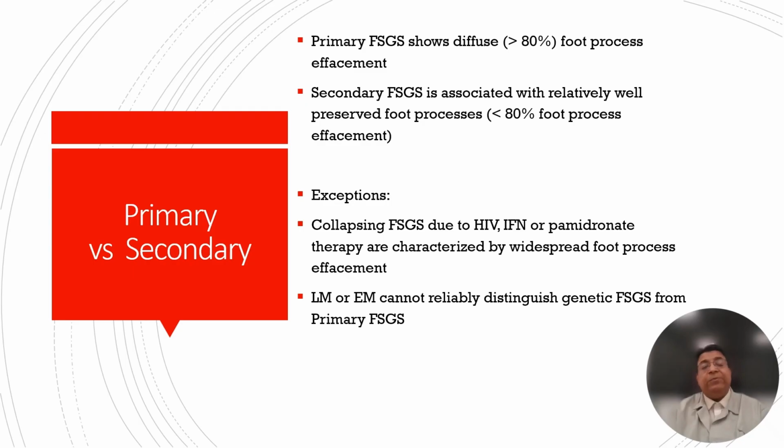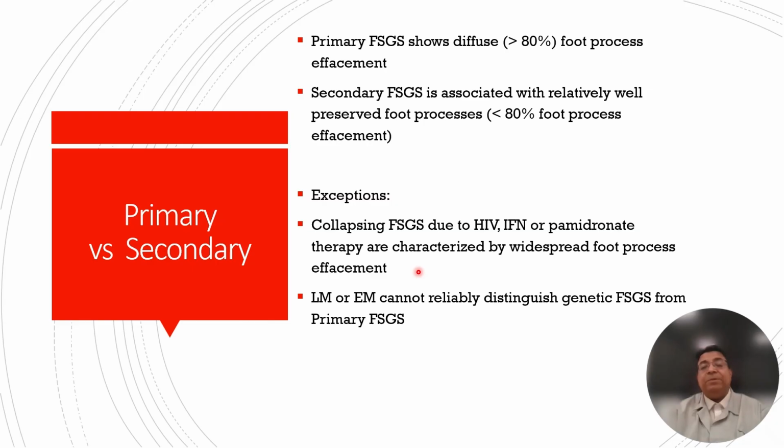How do you distinguish primary FSGS from secondary FSGS? In primary FSGS, you have diffuse foot process effacement, typically greater than 80%. Anything less is more likely consistent with secondary FSGS, and a secondary cause should be searched for.